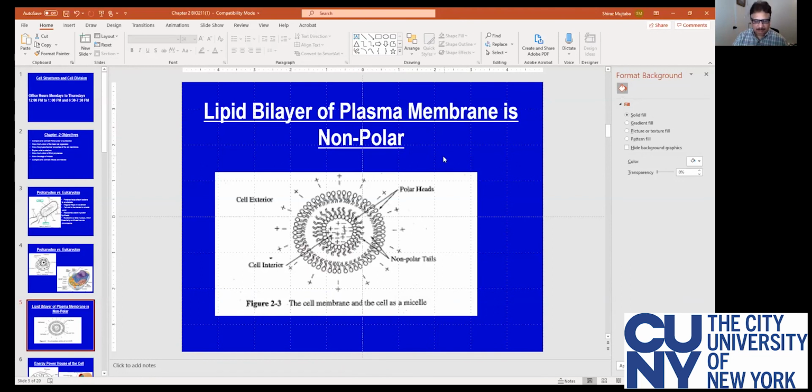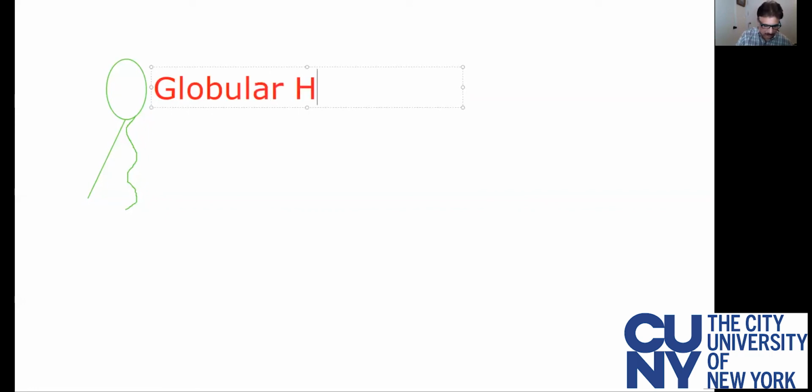Now let's go into the organization of plasma membrane. So plasma membrane is essentially made up of lipid particles, and a lipid particle is made up of a globular head, and they have a thin, flagella-like tail. This globular head is charged.